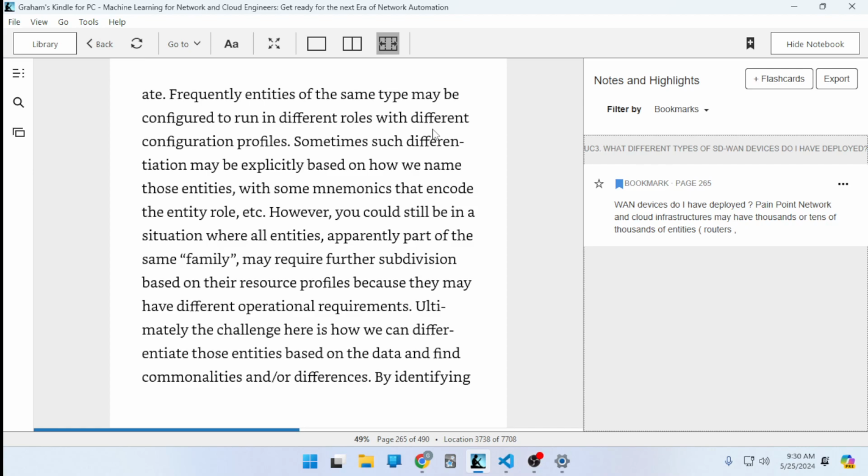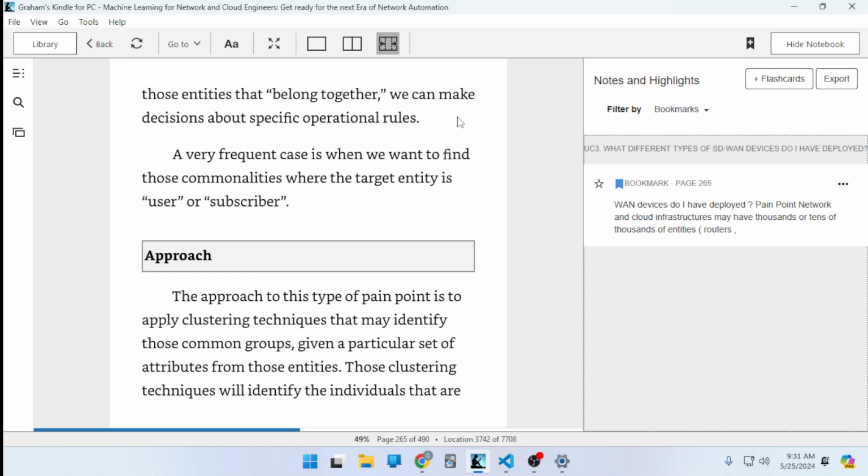Ultimately, the challenge here is how we can differentiate those entities based on the data and find commonalities and/or differences. By identifying those entities that belong together, we can make decisions about specific operational rules. A very frequent case is when we want to find those commonalities where the target entity is user or subscriber.